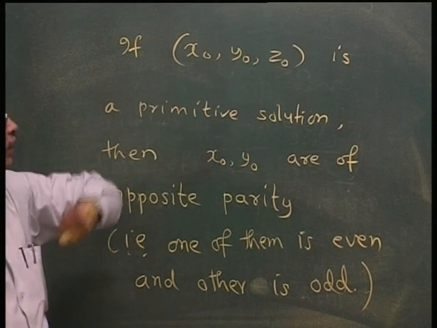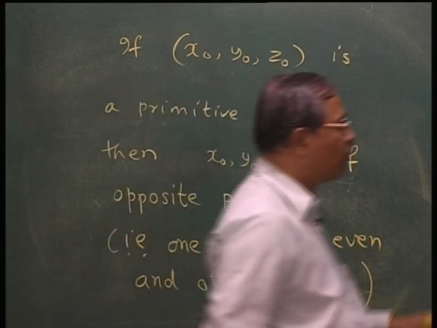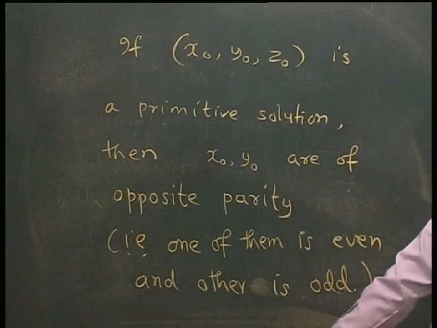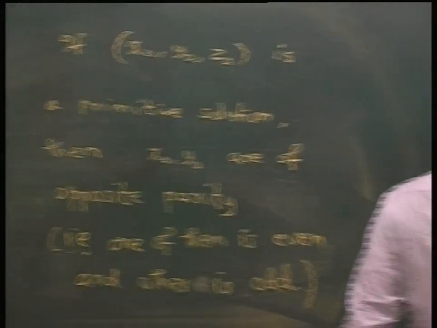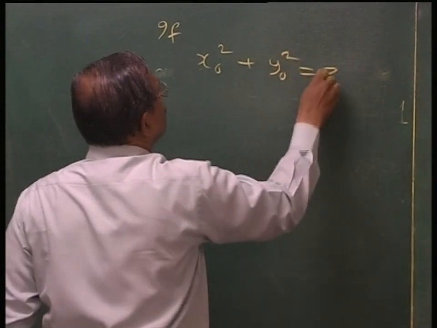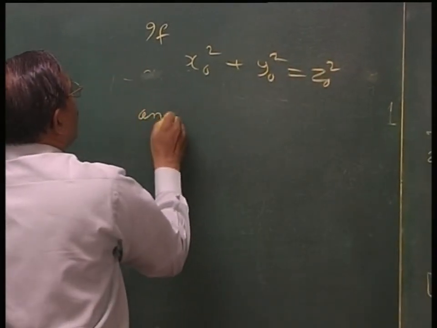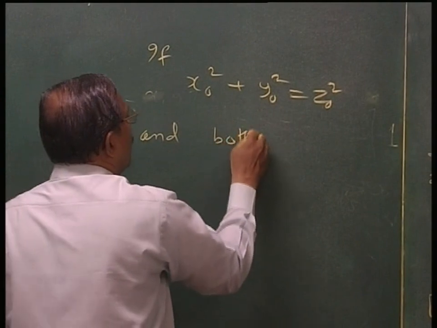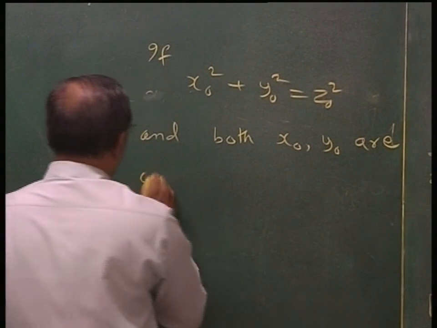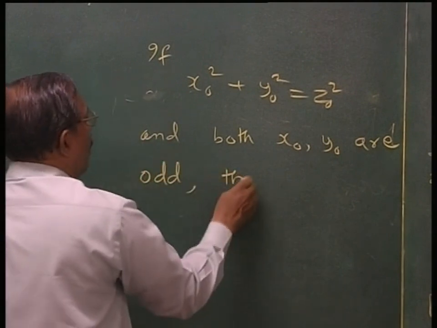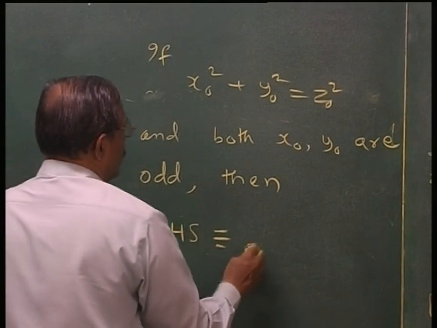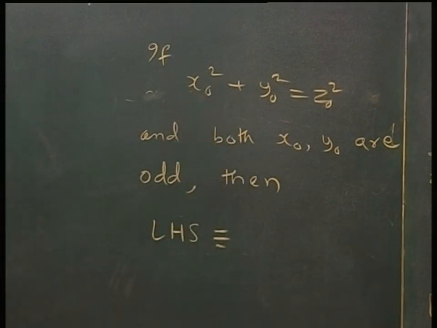If both are odd, what happens? Just check that both are odd. This is not possible. If x naught square plus y naught square equal to z naught square and both x naught, y naught are odd, then the left hand side is congruent to, see, square of an odd integer is 1 mod 4.